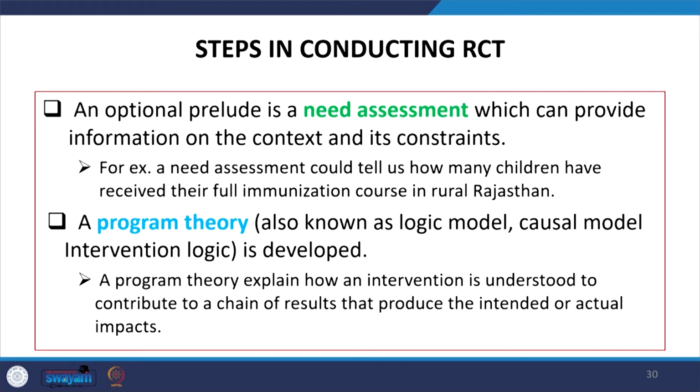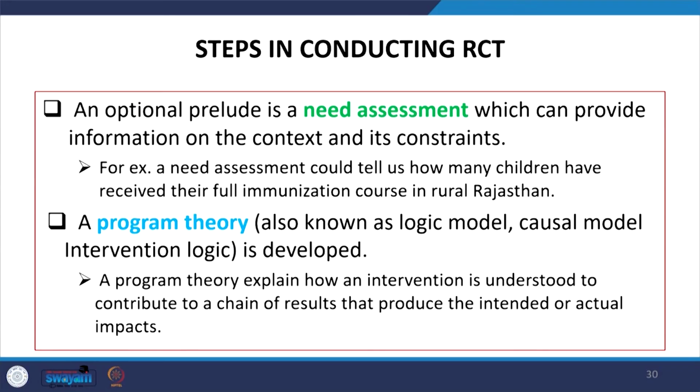As an example, a need assessment could tell us how many children have received their full immunization course in rural Rajasthan, if the focus is Rajasthan. So if we want to know the number of children, then a needs assessment is made.